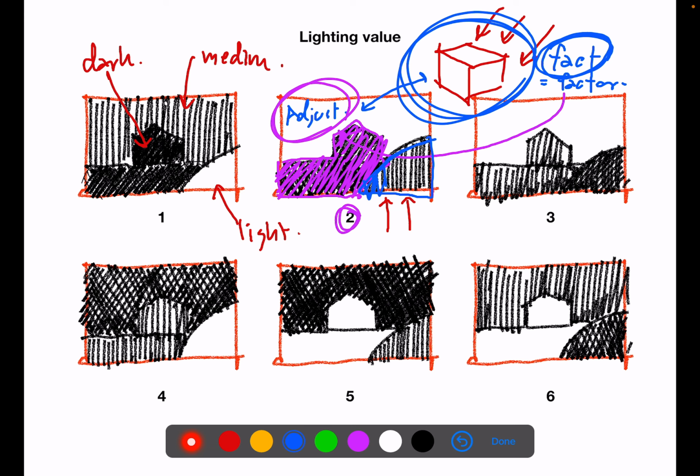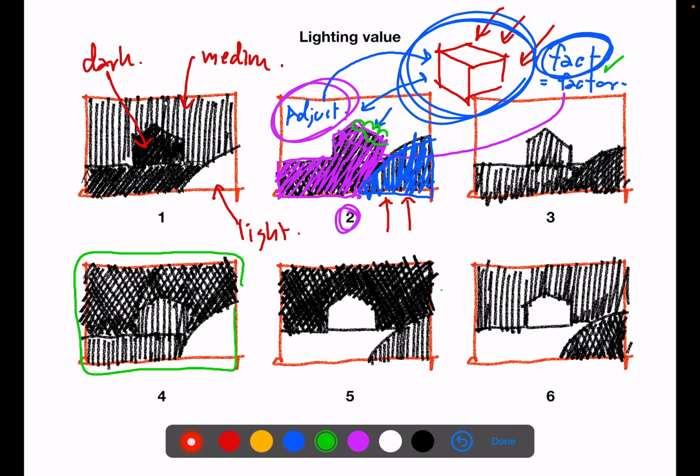But when we do the study, it will be a challenge if you just try to apply the idea of how we adjust the lighting into the fact, which is the factor.